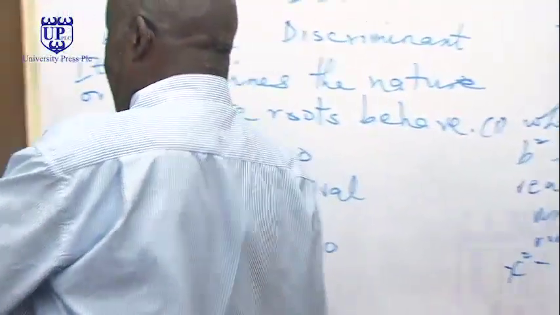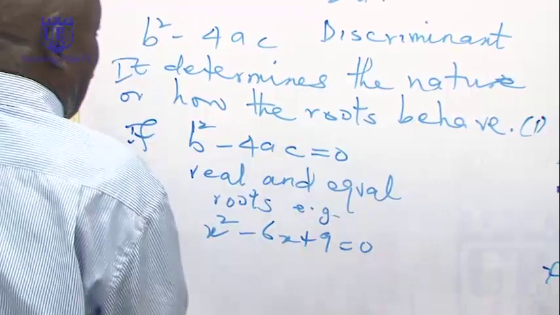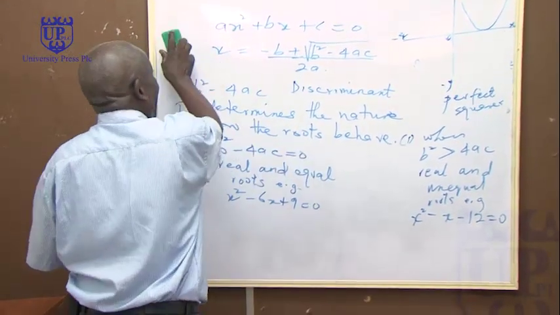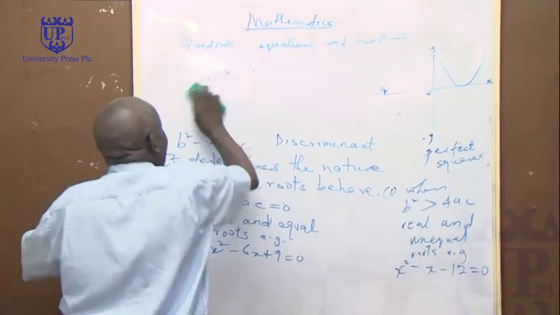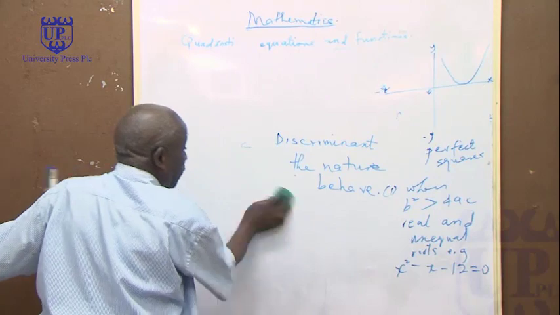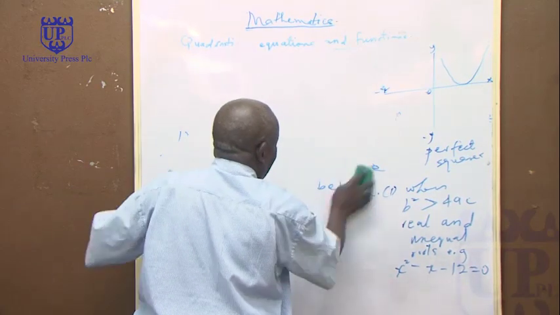Now the third one, I will draw a diagram for that one. That is x squared minus x minus 12 equals 0.